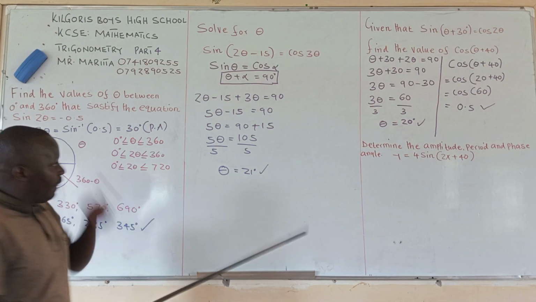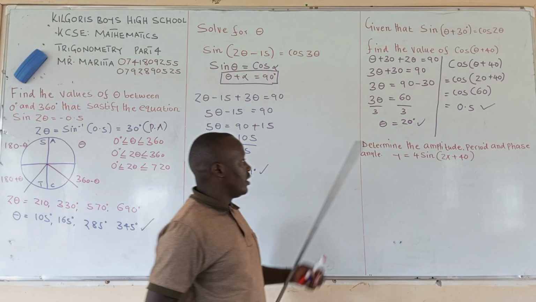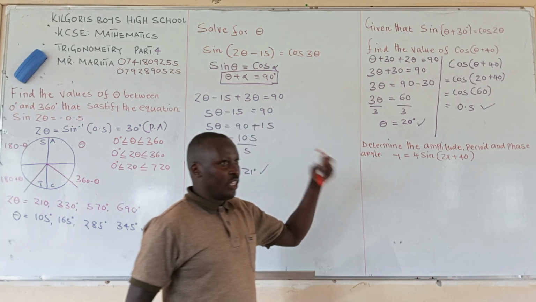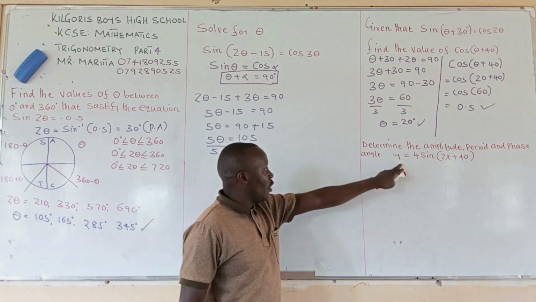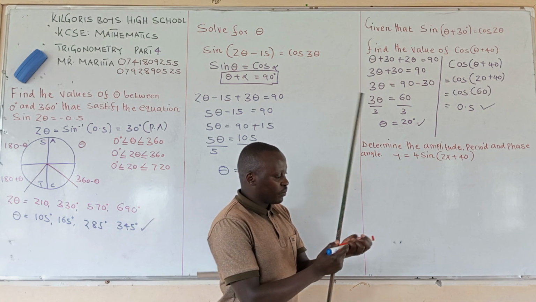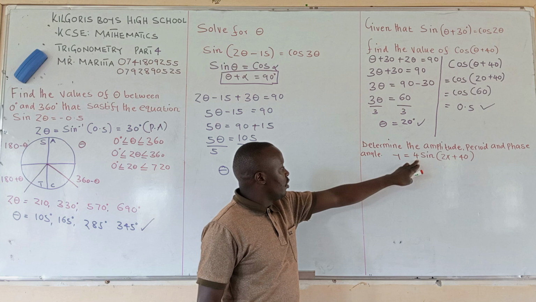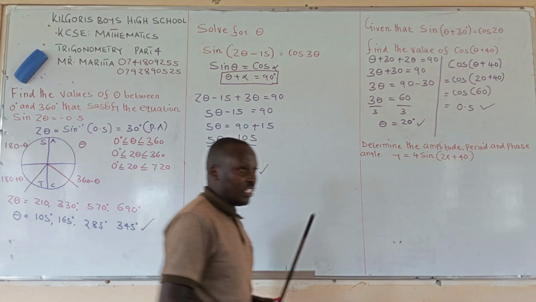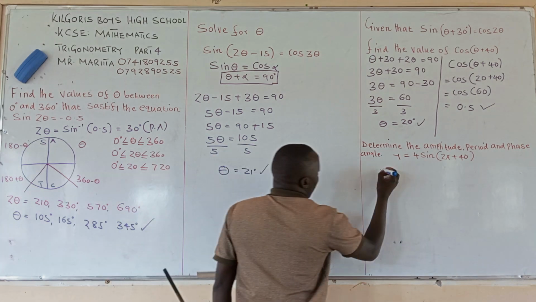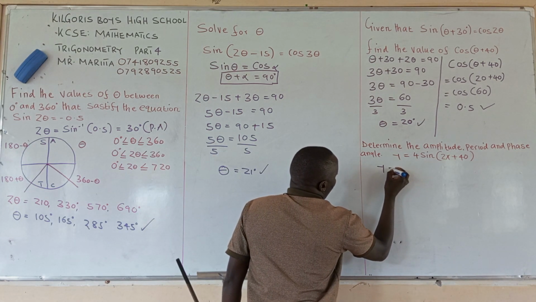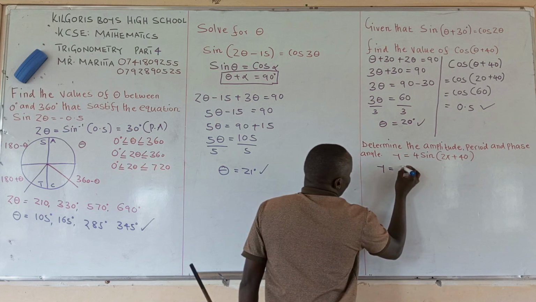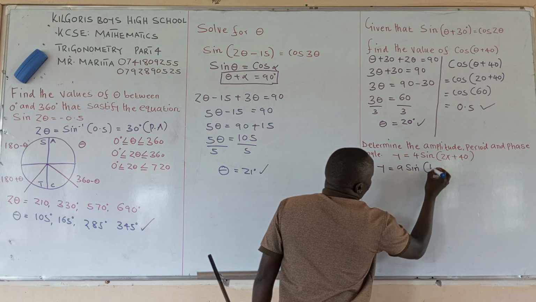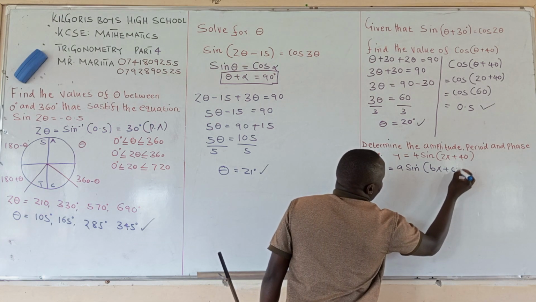The last part: determine the amplitude, the period, and the phase angle of the wave. Our wave is y equals 4 sine 2x plus 40. So this wave is arranged in such a way that y is equivalent to A sine into bracket, bx plus c.